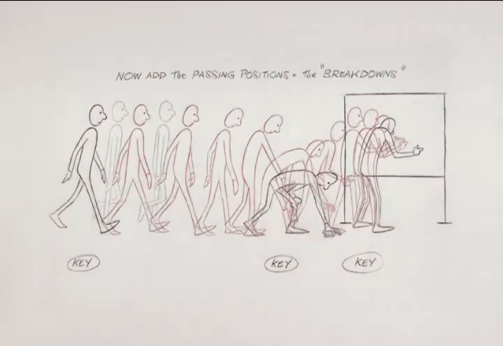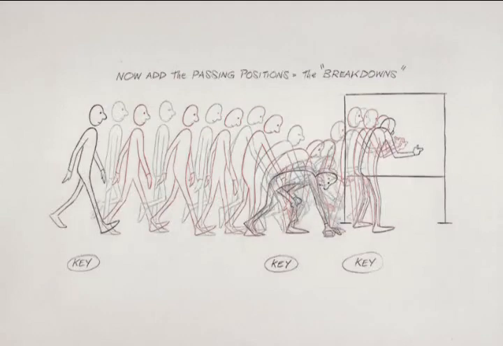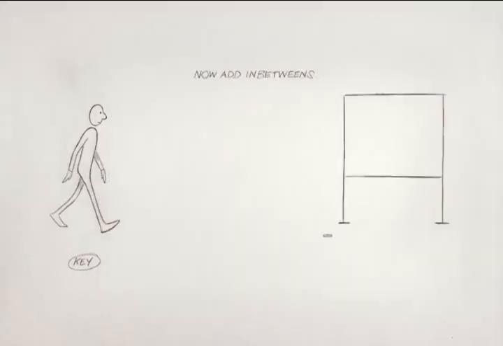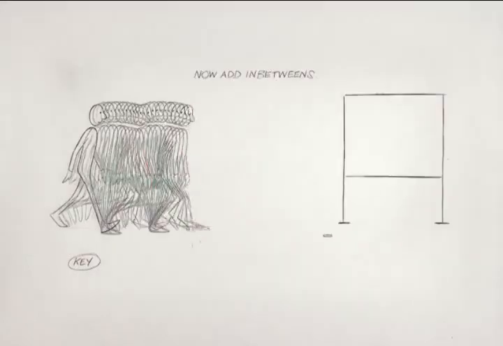Now, break the scene down into middle positions, called the passing positions or breakdowns. Then we add our in-betweens, and we've done the scene.